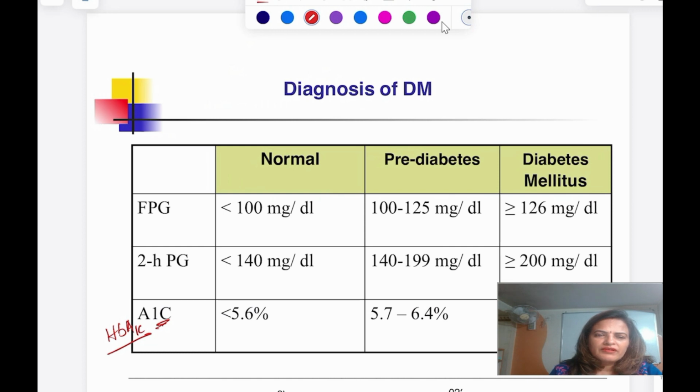Fasting blood glucose should be less than 100 milligram per deciliter, the 2-hour level should be less than 140 milligram per deciliter, and glycosylated should be less than 5.6%.